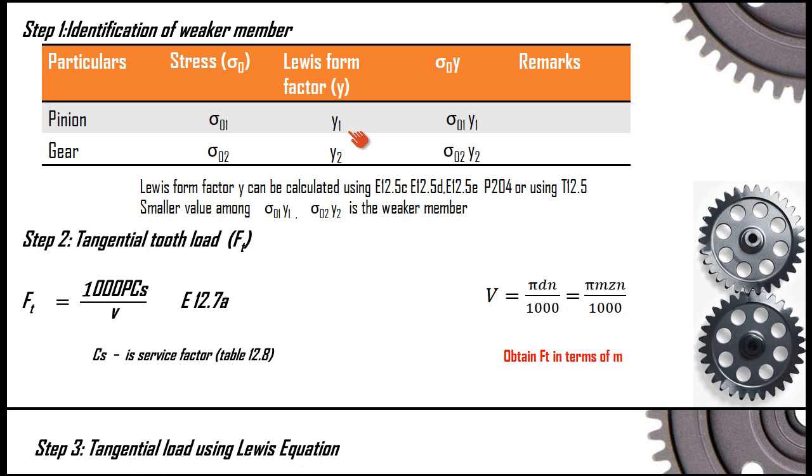And here we have to add one more point. See, if both gear and pinion are made of the same material, then the pinion is the weaker one.